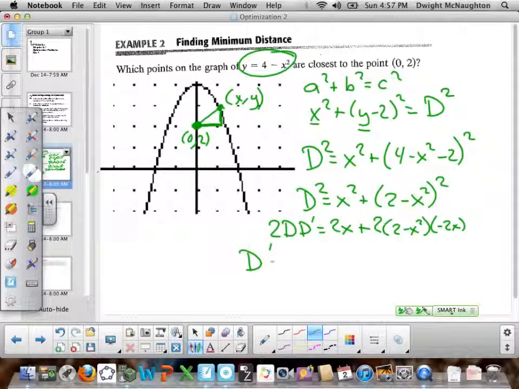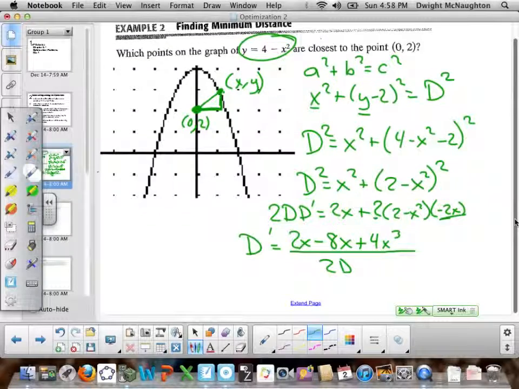D prime equals something divided by 2D. I'm going to clean up the top a little bit. I'll distribute my negative 2x. So I got 2x. Negative 2x times 2 is negative 4x. Negative 4x times 2 is negative 8x. Negative 4x times negative x squared plus 4x cubed. All right.